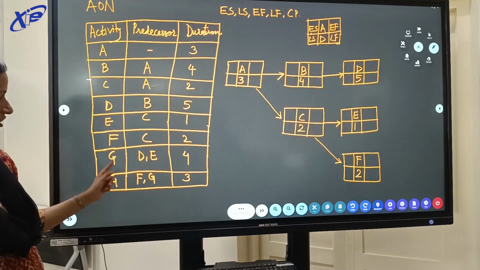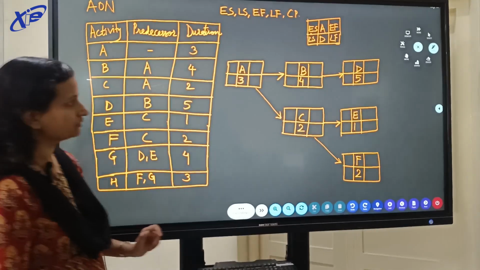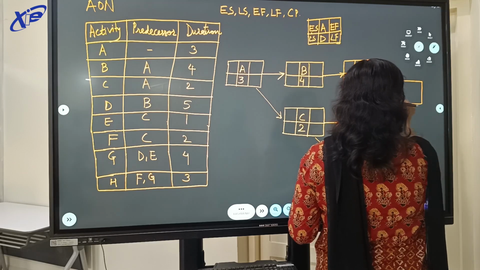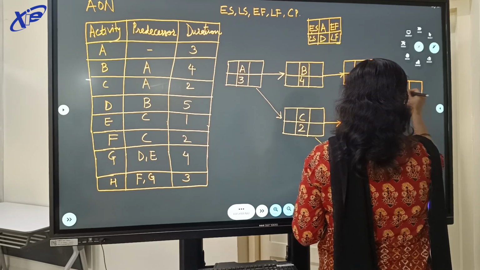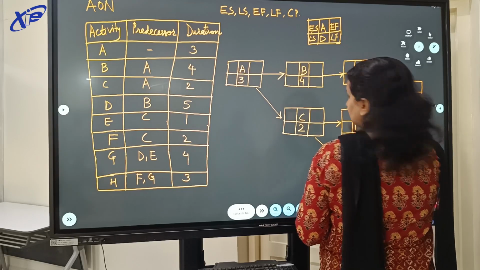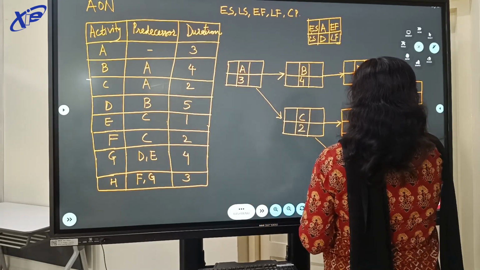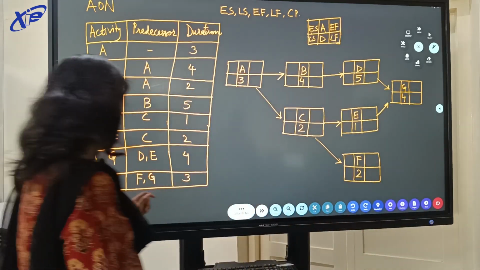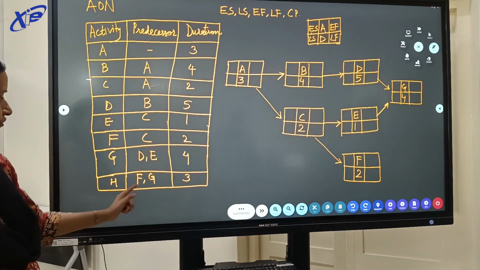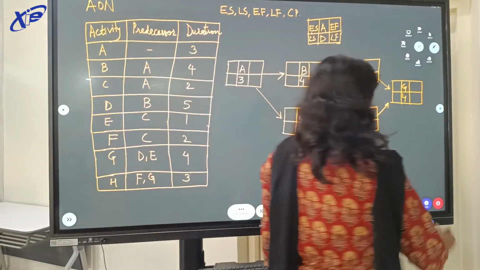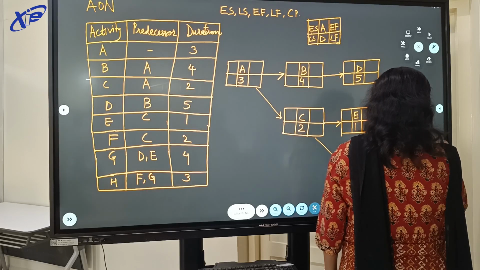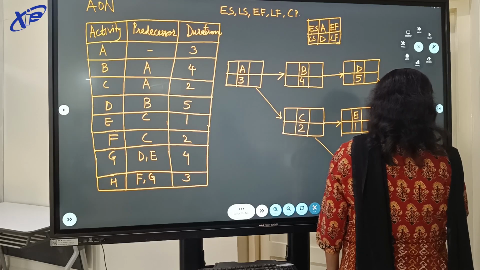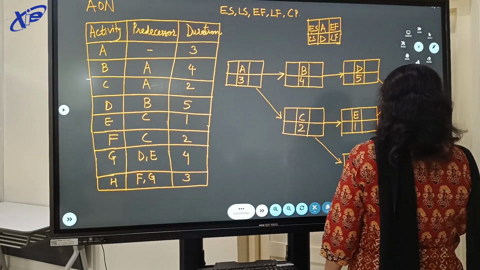Then activity G such that D and E have been completed, with a duration of 4. And finally, activity H where F and G have been completed, with a duration of 3.